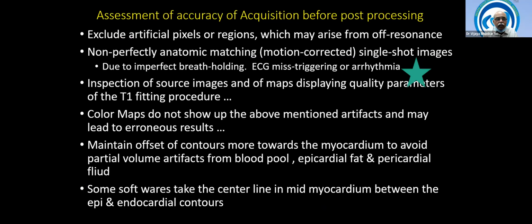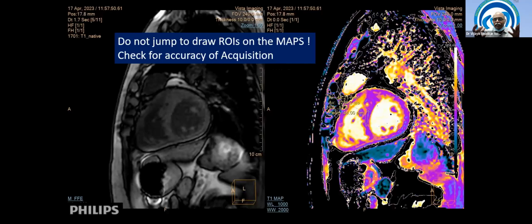Accuracy of acquisition means motion correction, ECG triggering, heart rate variation, and proper breath holding. All these things have to be checked by looking at the source images of the raw data. At face value, I have a black and white image here of the T1 map, and a color map here.